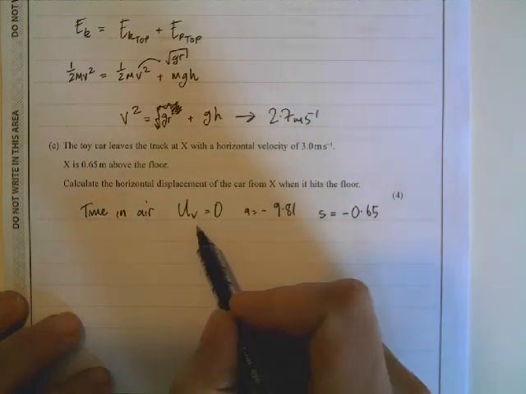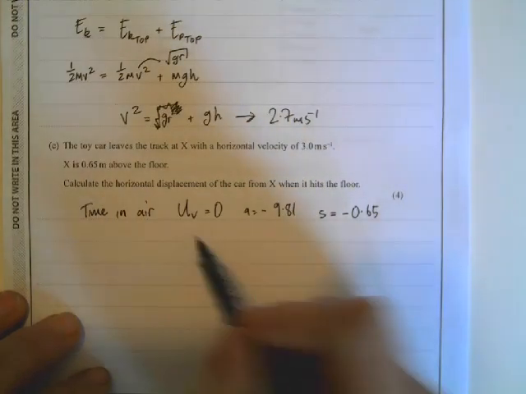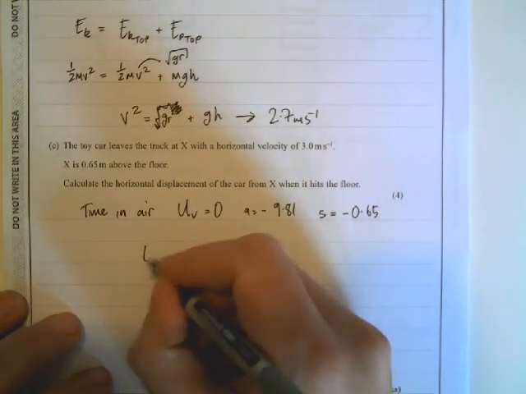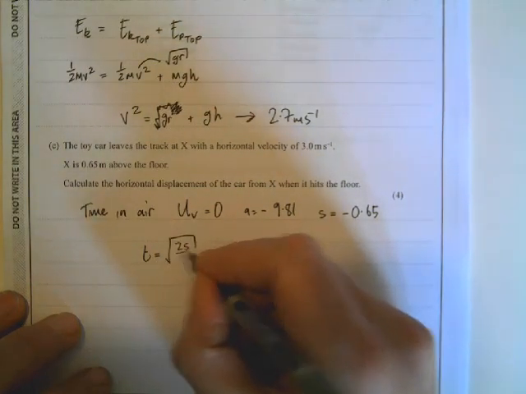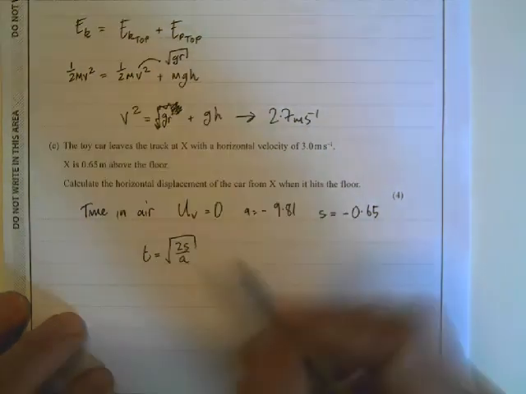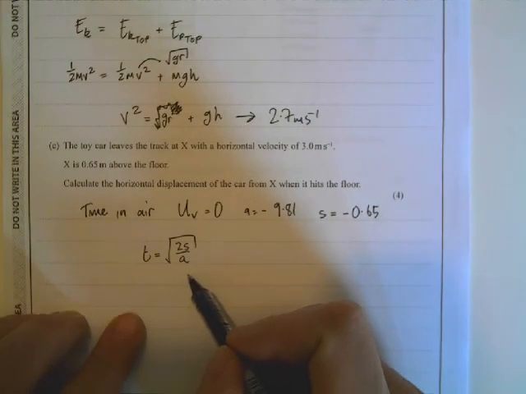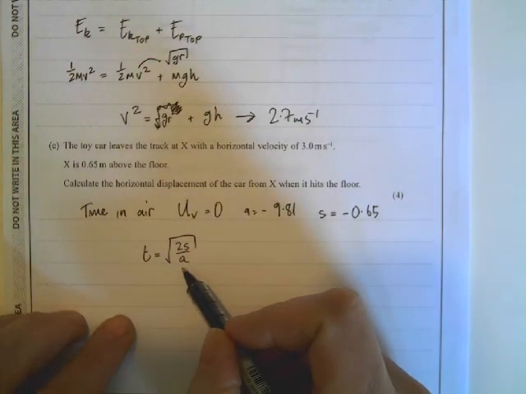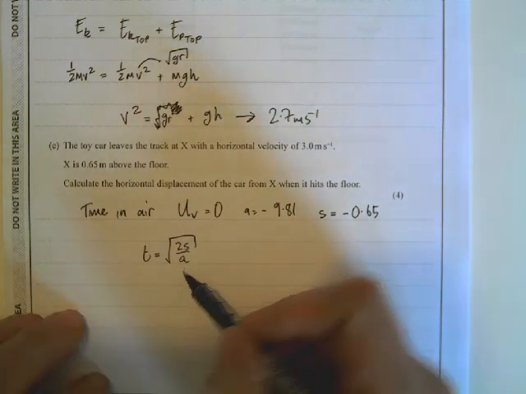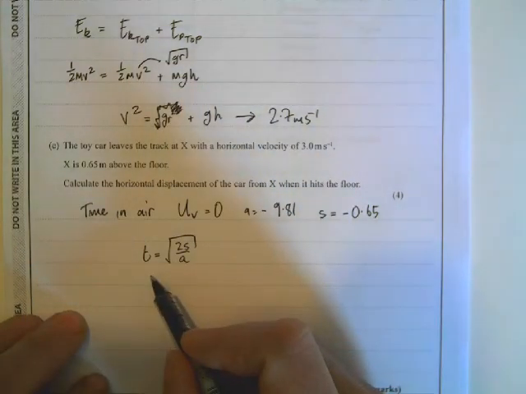I would use s equals ut plus half at squared. u is 0, so that just rearranges to the time it takes to fall is root 2s over a. It's worth learning this one off by heart.